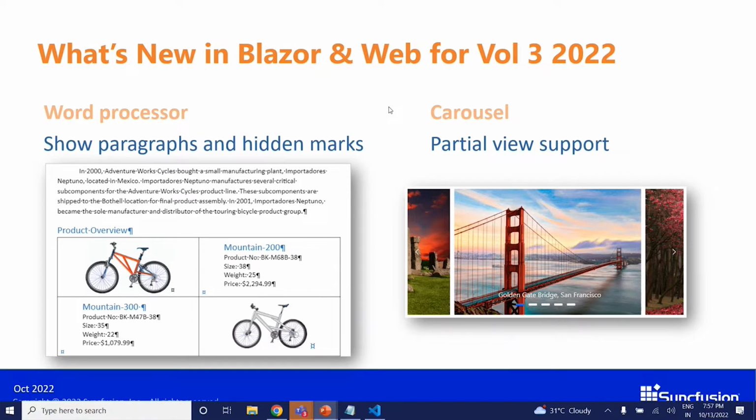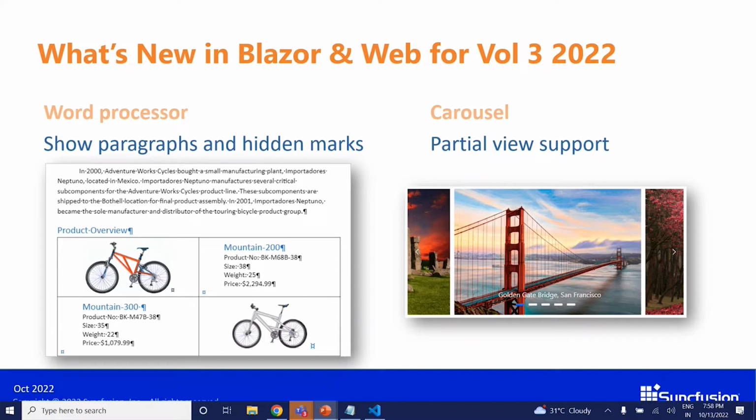Next to the word processor component, now you can show the paragraph and hidden marks. I mean, this support is all about you can identify the start and end of the paragraph, or even some hidden symbols present in the document. Either you can show them or hide them from the document.